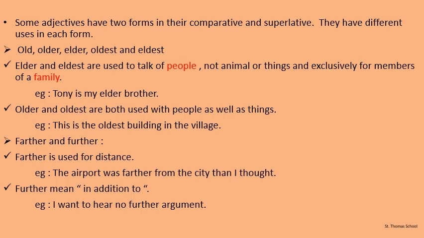For distance we will use the spelling F-A-R-T-H-E-R, and for addition of something, we will use the spelling F-U-R-T-H-E-R. You just make it a point: farther and farthest are used for distance, and further and furthest are used for addition.